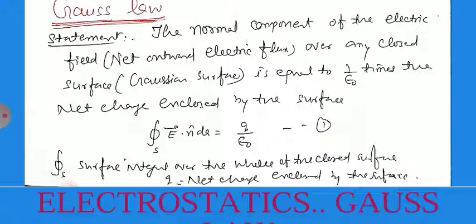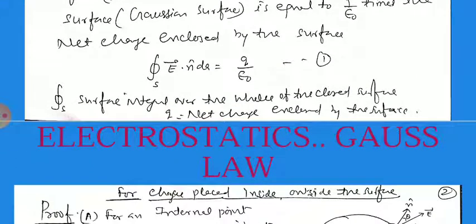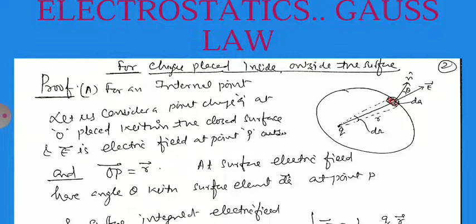So in the integration form we can write the integration for the closed surface E vector dot n cap dA equals q by epsilon naught, where n cap is the unit vector of the perpendicular area for the dA, q is the net charge enclosed by the surface.